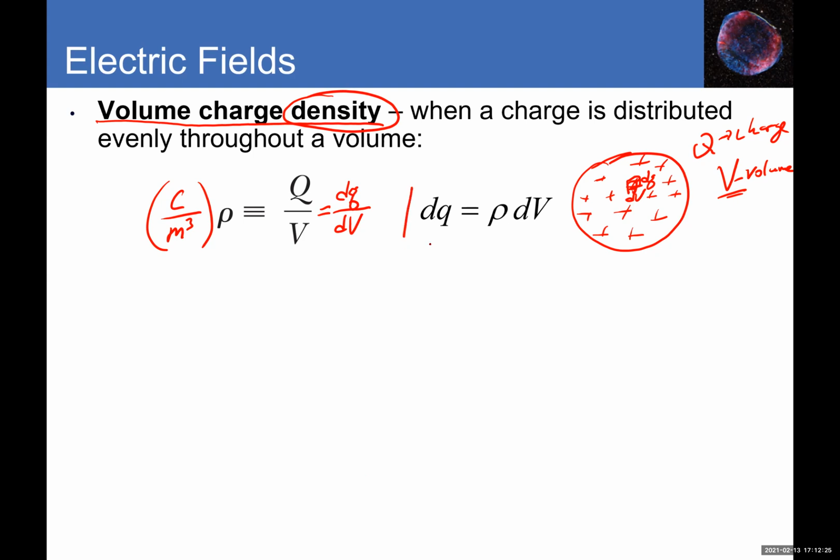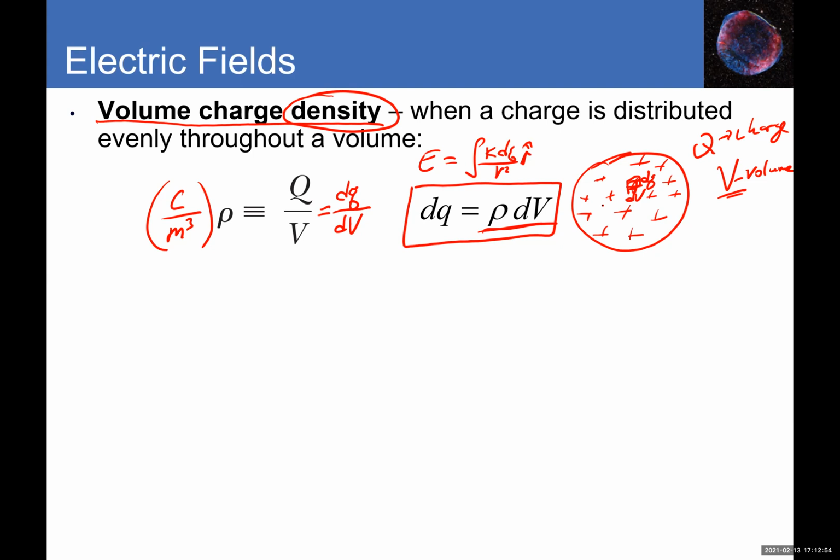Okay. So this is how we can remember that equation for the electric field, the integral for a continuous distribution: k dq over r squared r hat. Now, if you're dealing with a volume charge density, a three-dimensional object or system, then this dq can be replaced with rho dV.